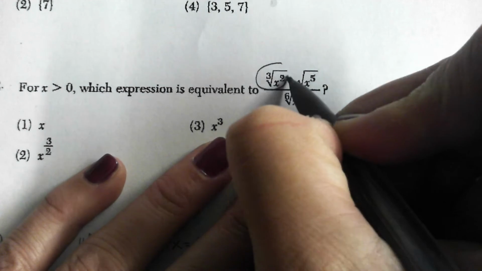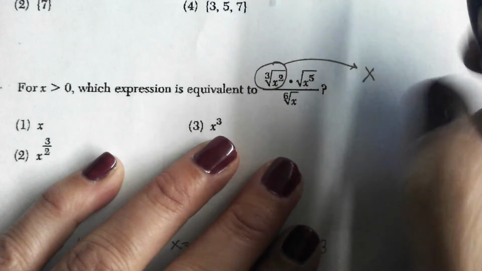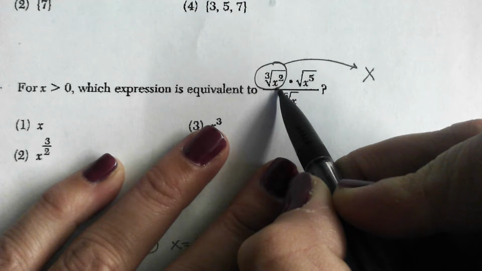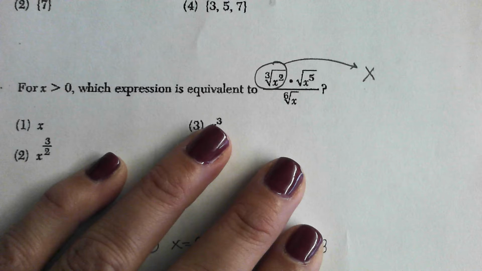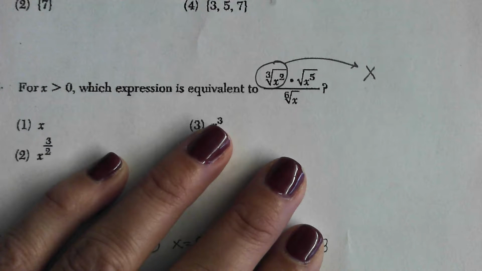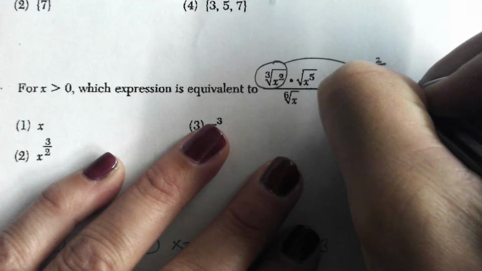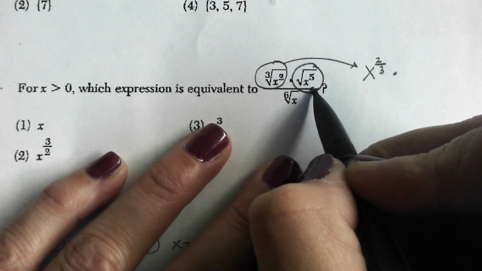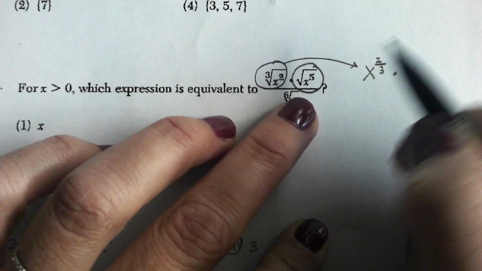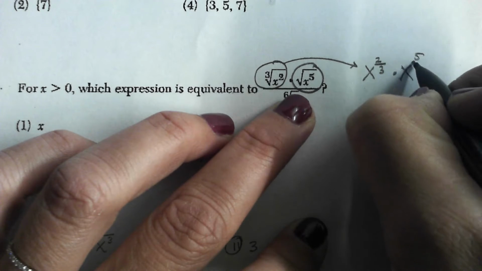So this is going to become what? Emma O'Connor, what power? I knew I had two Emmas. Good. X to the 2/3. This one, TJ, what's the square root of x to the 5th going to turn into? 5/2. Good.